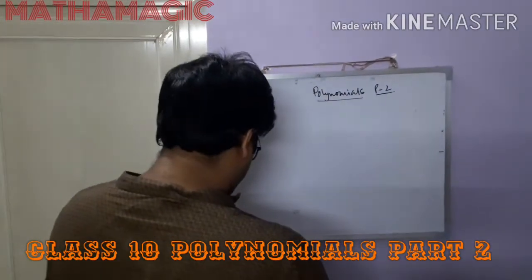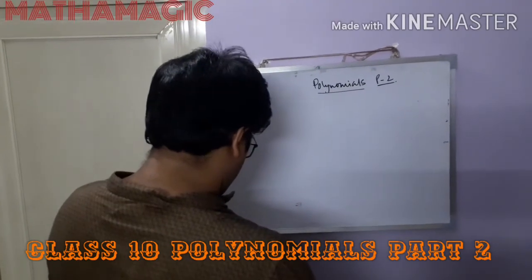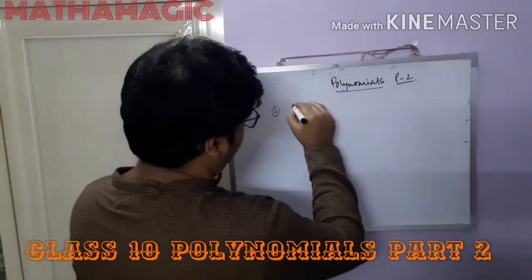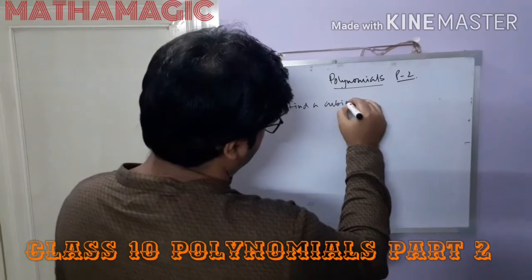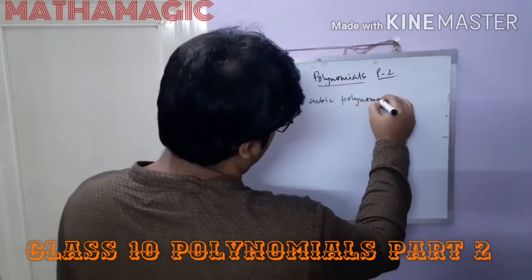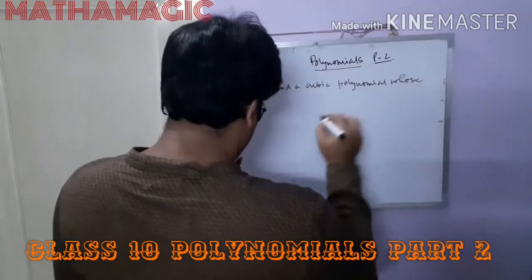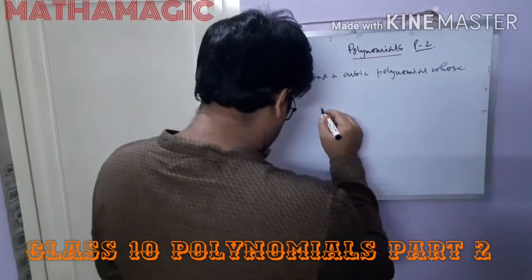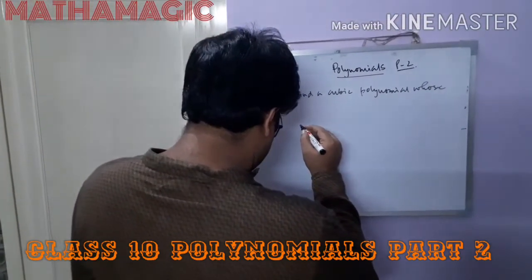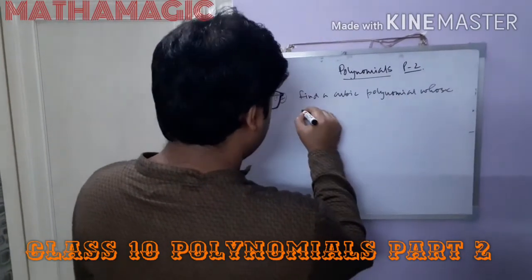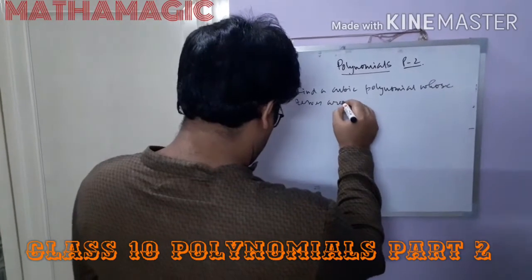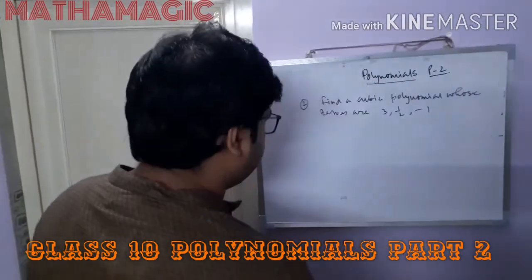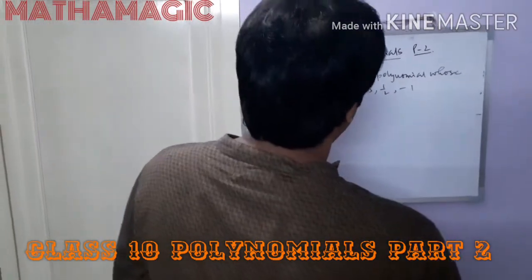So in the second problem, we'll be solving this: find a cubic polynomial whose zeros are 3, half and minus 1.